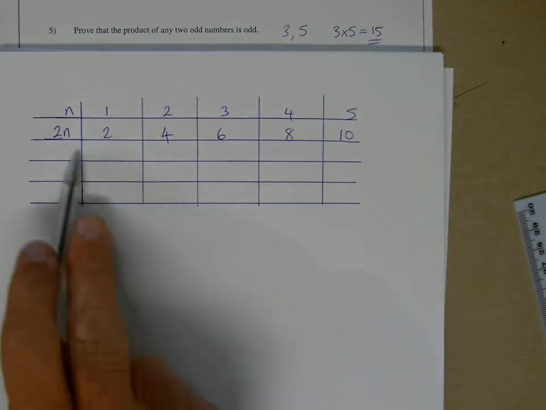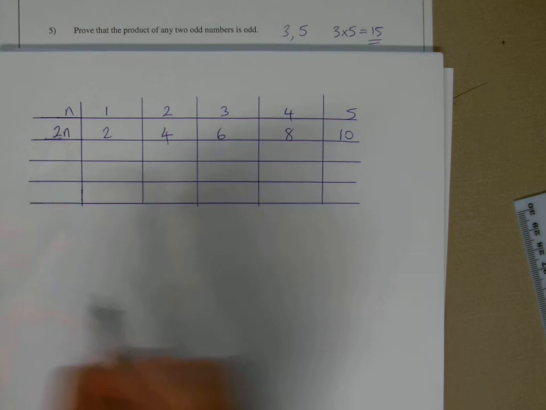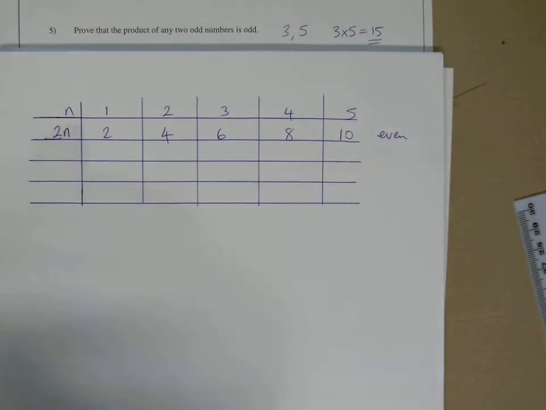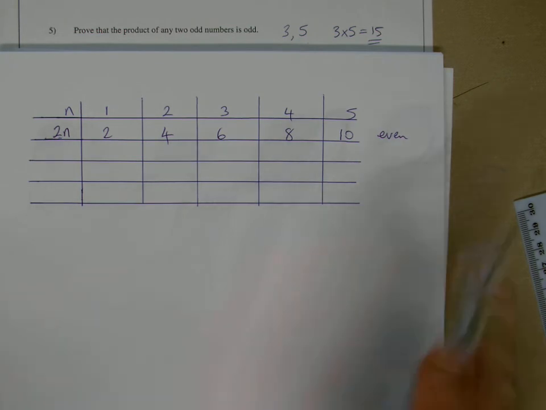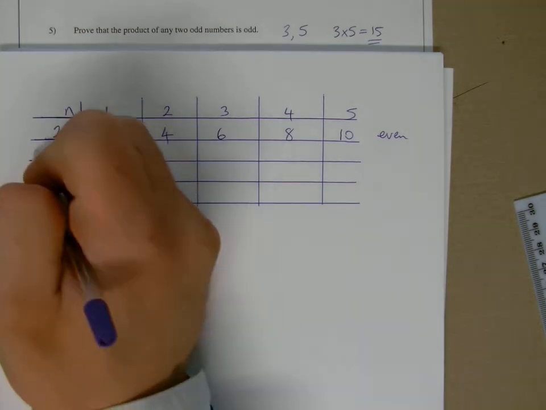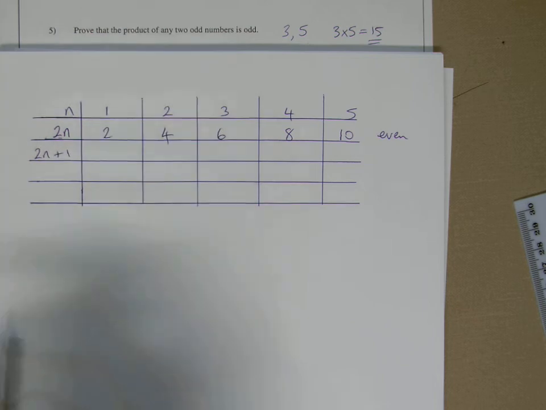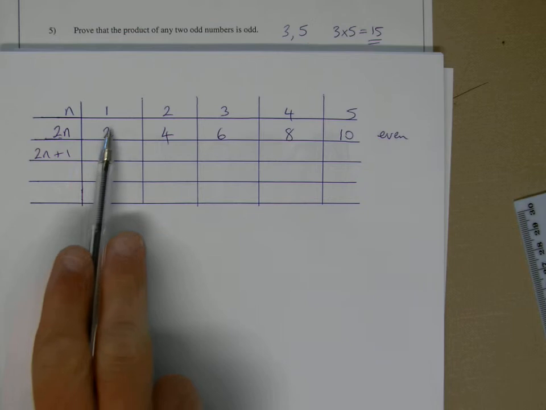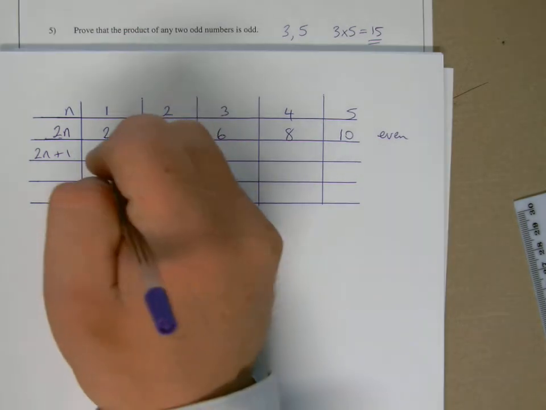So you notice then, 2n actually represents even values. When you see 2n, you've got to think, that's even. Those are all the even numbers. So if they're the even numbers, what are the odd numbers? Well, you can get odd numbers simply by adding 1 to this. If I add 1 to 2, I get 3.